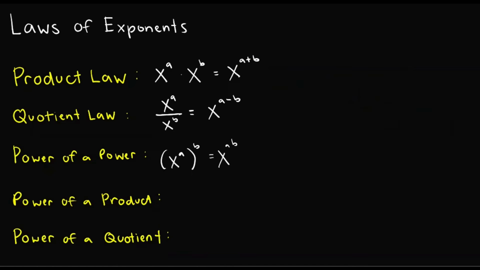So to prove this, we're gonna write out x raised to a times x raised to a. So x raised to a, x raised to a, and we know that this one is b times. But through the product law, we simply add these exponents out here.